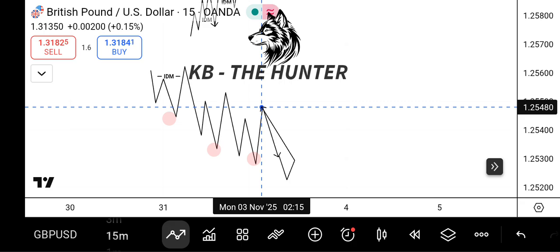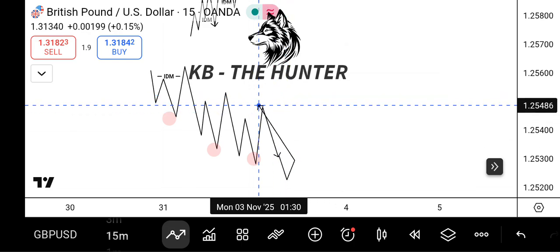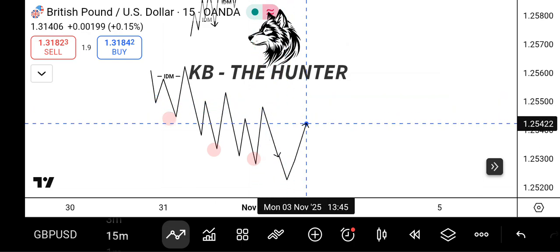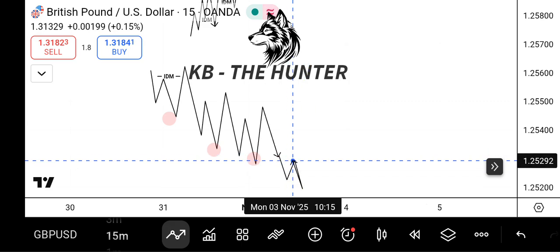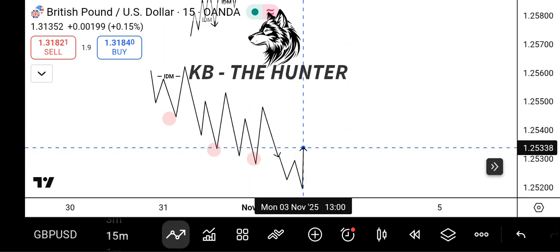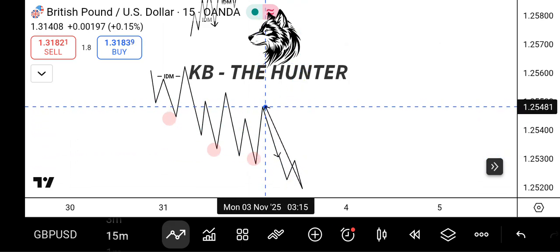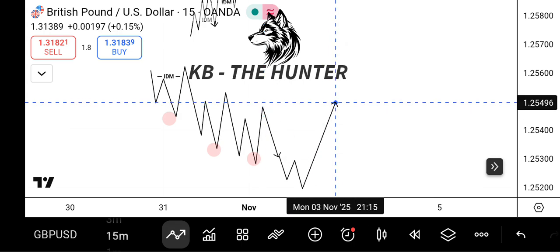If you're a beginner, you may not understand it now, but maybe later you will as you keep developing in trading. So when the market breaks this structure, say for example we had one pullback, this is not a change of character, this is still inducement. But when the market breaks this one, which is the major structure, then it is called change of character.